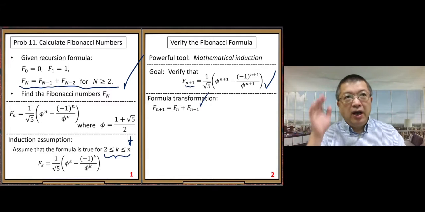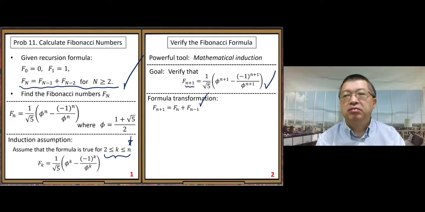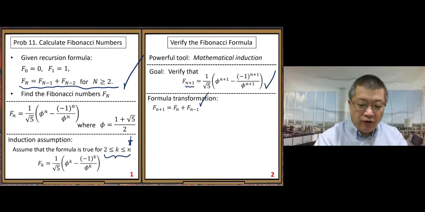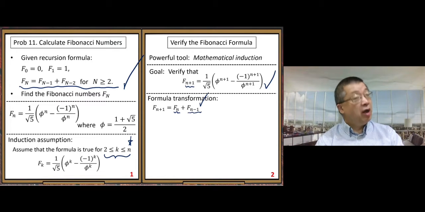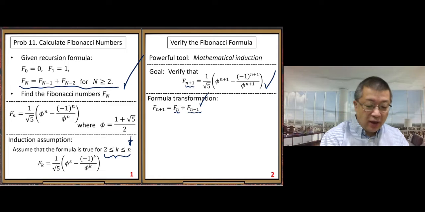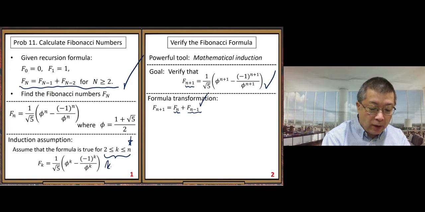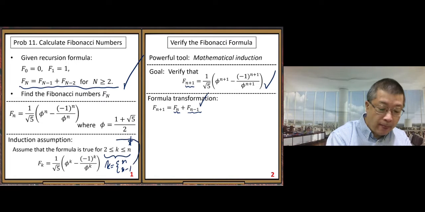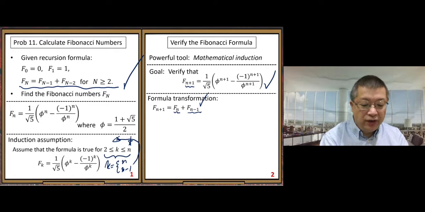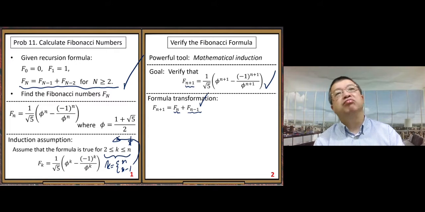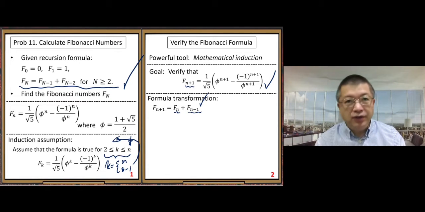After that, we can apply mathematical induction at this point for these two numbers, n and n minus 1, because when k equals n and n minus 1, they both fall into that range.